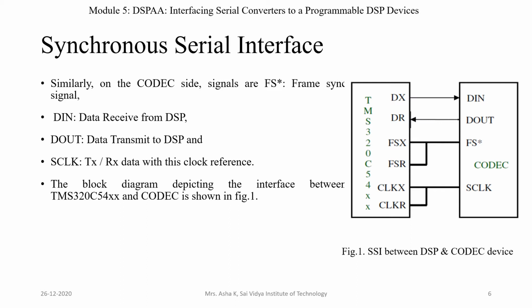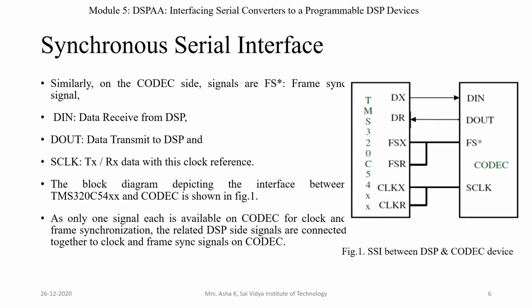SCLK is the synchronous clock: transmit or receive data with this clock reference. The block diagram depicting the interface between the TMS320C54XX processor and a codec is shown here. As only one signal each is available on the codec for clock and frame synchronization, the related DSP side signals are connected together to the clock and frame synchronous signals on the codec.